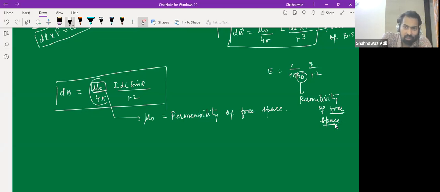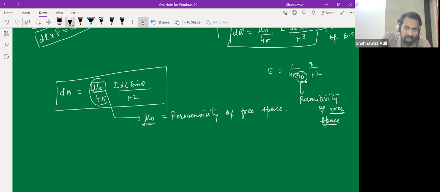Yeah. So you see, what does this permeability or permittivity of free space tell? It tells us that the magnetic field and the electric field are dependent upon the medium, right? So whenever we change the medium, the electric field and magnetic field change. Understood, guys? Yes, sir.